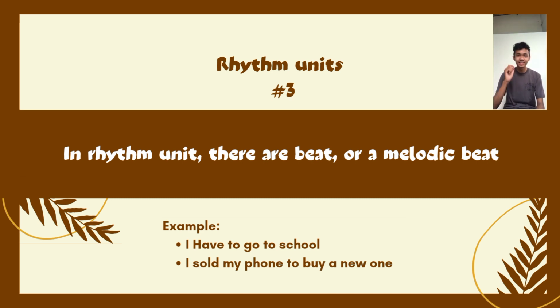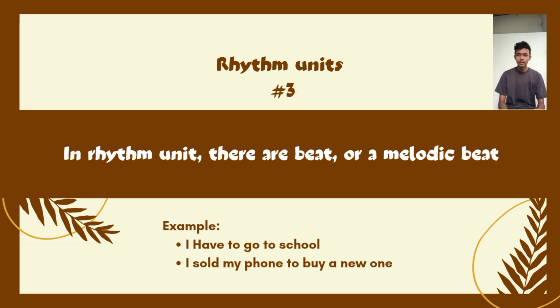In that example, there are two kinds of words: the content words and the grammar words. The content words are sold, phone, buy, new, one. Sold, phone, buy, new, one. If I only say those words, you still get the information I'm trying to tell you.